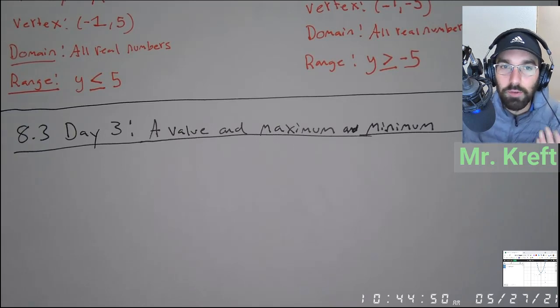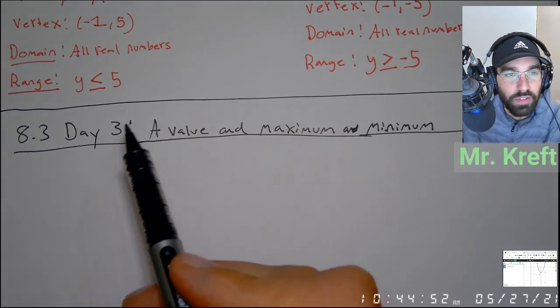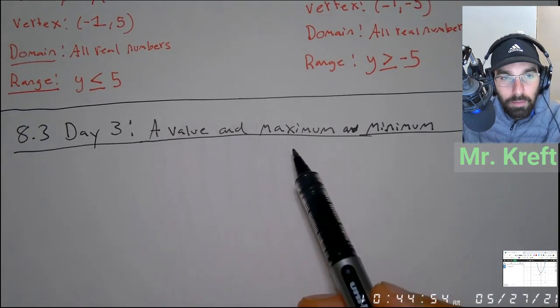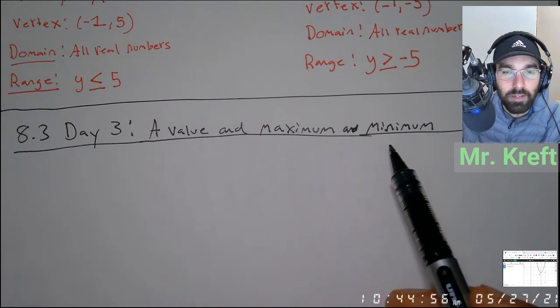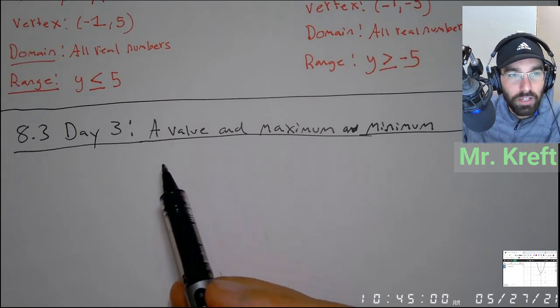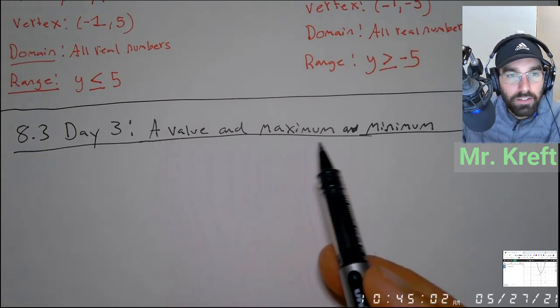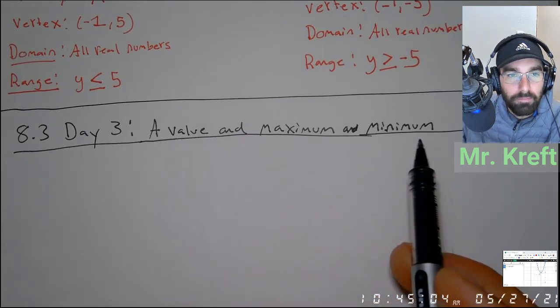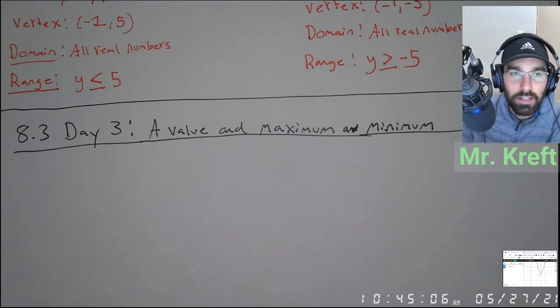So those are the things we're going to talk about today. I probably could have put commas, but you know, and works. So the a value, maximum, and minimum. It's kind of like max and then imum, and then min and imum.